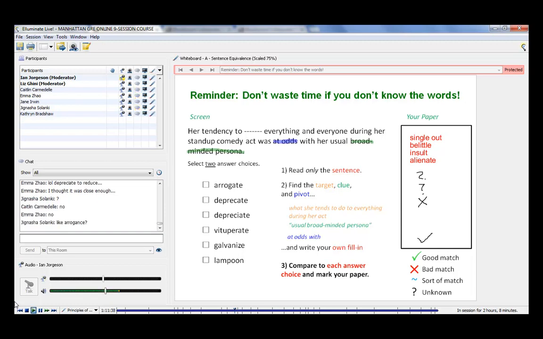Did anybody know galvanize? Jignasha, you're actually right. The arrogate comes from the same root as arrogance, and we'll get there in a second. So galvanize means to come together in a strong way, to be shocked into action.